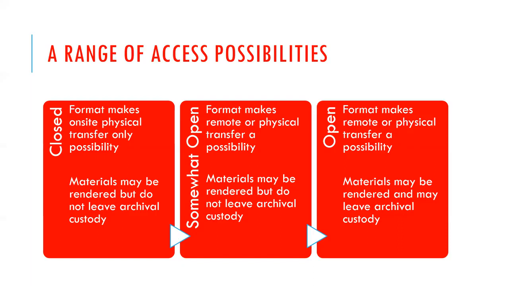So obscure film formats, paper. If paper is too fragile to be digitized, then it may be only possible for the researcher to access the record from a repository, or records that haven't been digitized.